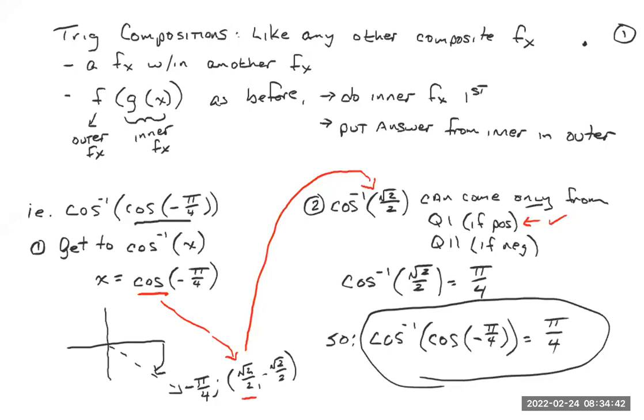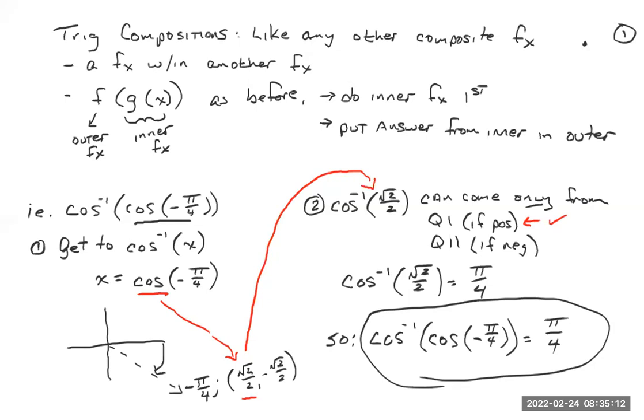Well, in quadrant 4, x is positive, y is negative, and the cosine being the first thing, remember it's alphabetic, just like xy is, cosine comma sine. We're going to grab the cosine value of that, square root of 2 over 2, and plop it into arc cosine, the outer function.